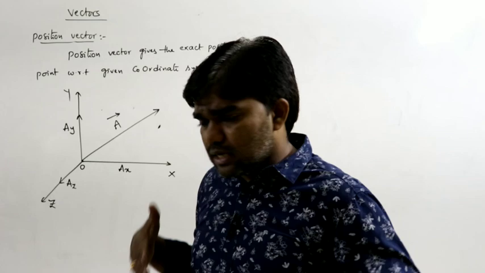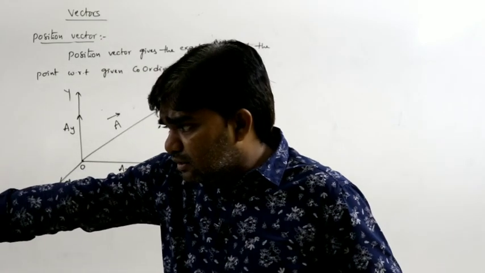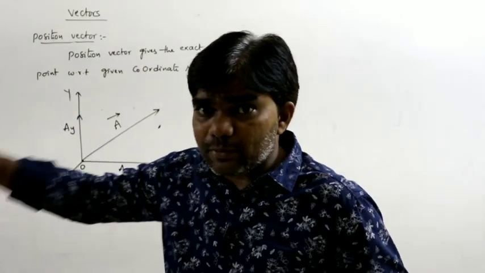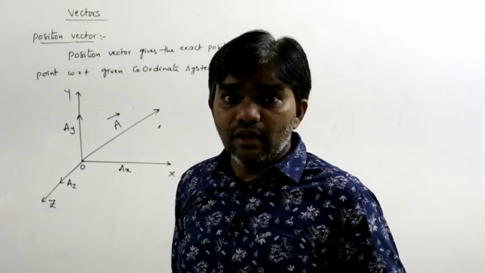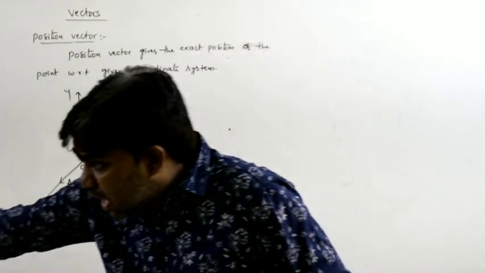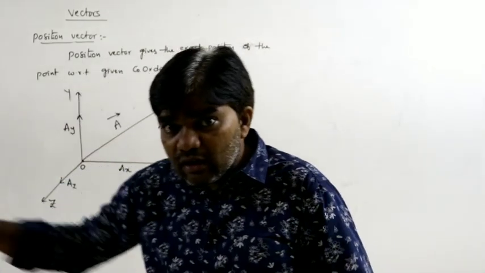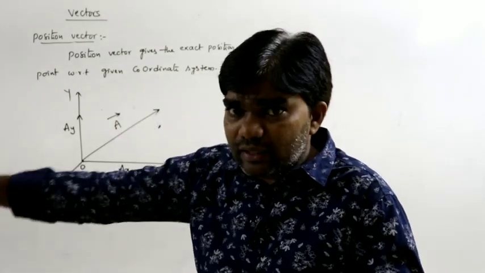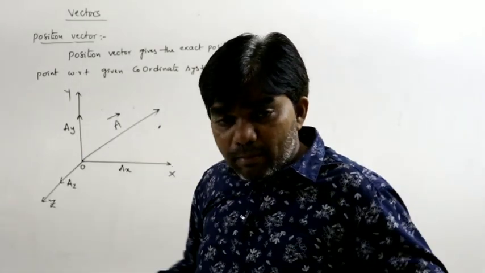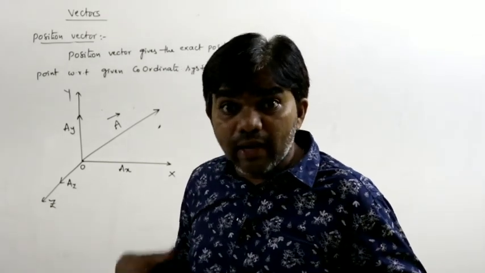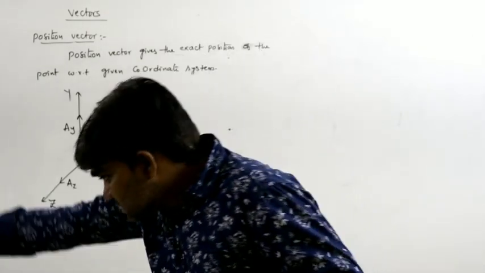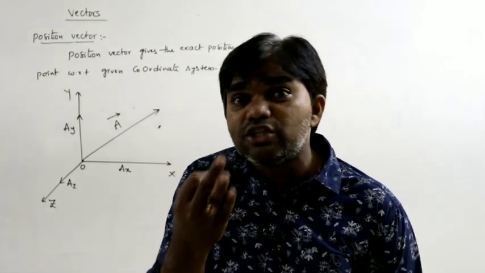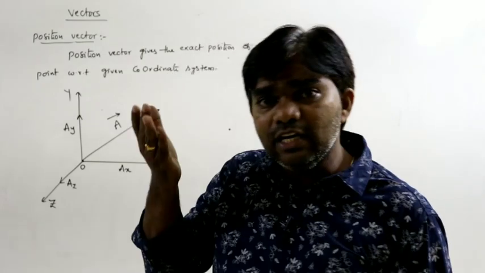See here, we discussed: I am standing here. If you draw the vector from the origin, the corner of the room, to my head, that represents my position. This line indicates my position with respect to the origin, that is, along the x axis, y axis and z axis.